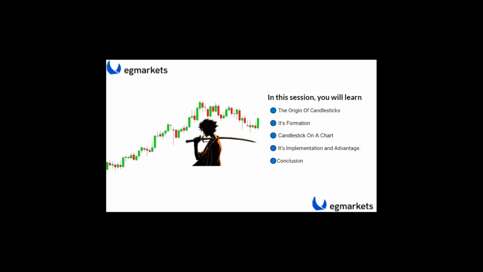That was where candlesticks originated from, and it was introduced to us, the Western world, by Steve Nison, in his book Japanese Candlestick Charting Techniques.